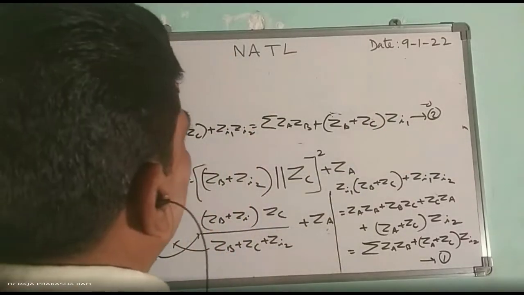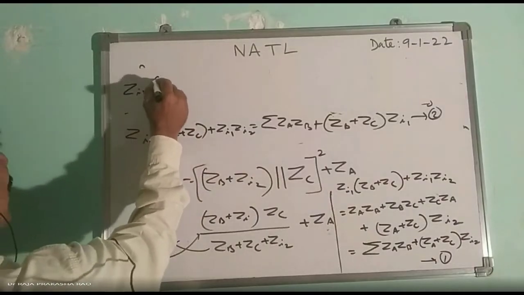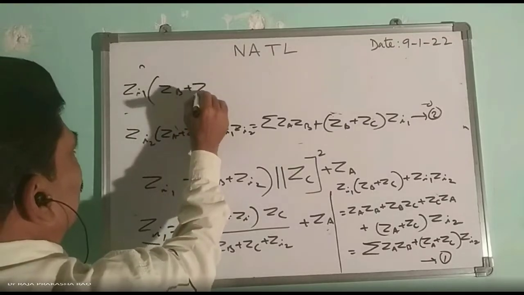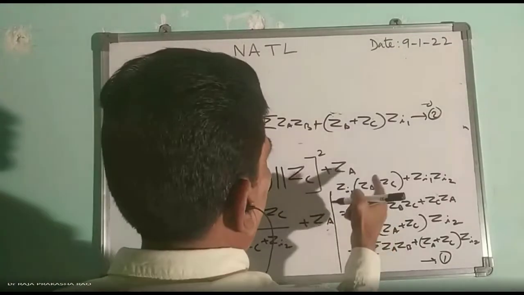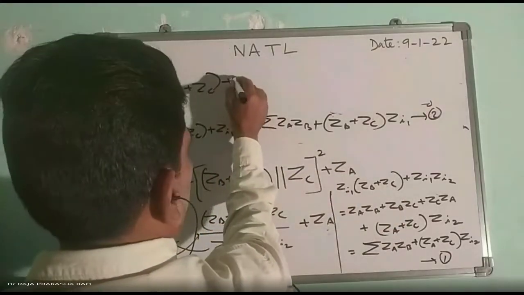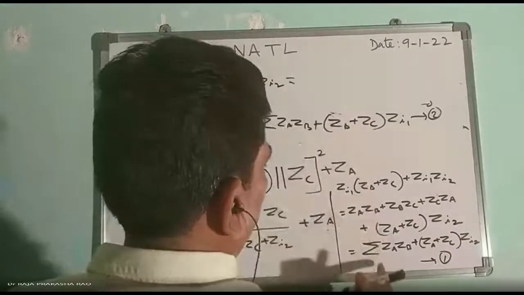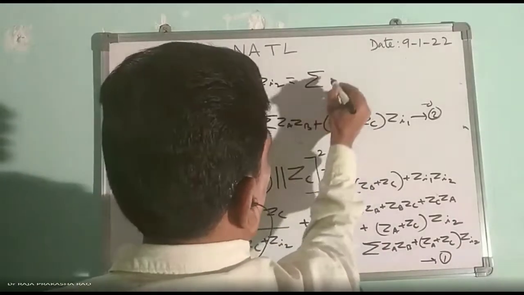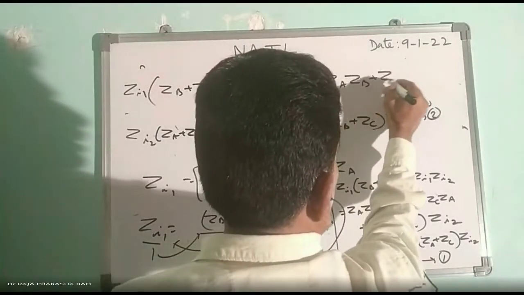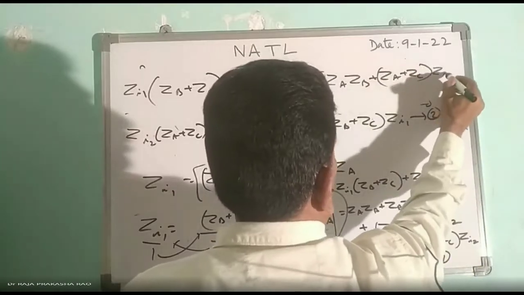So I am writing here the first equation, that is ZI1 into ZB plus ZC plus ZI1 ZI2 equal to sigma ZA ZB plus ZA plus ZC into ZI2.